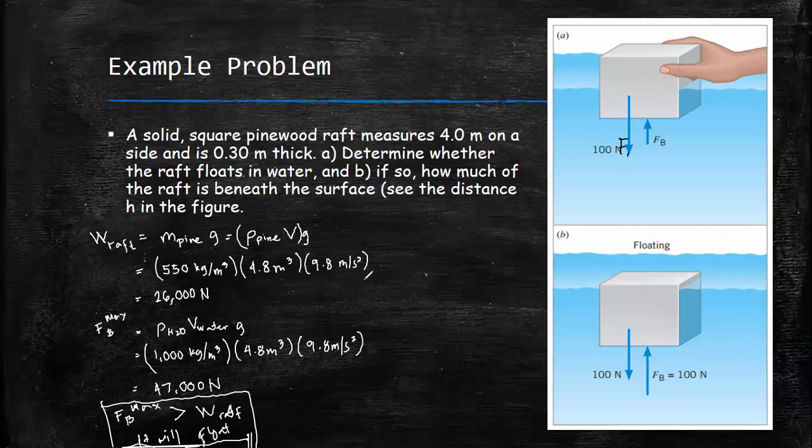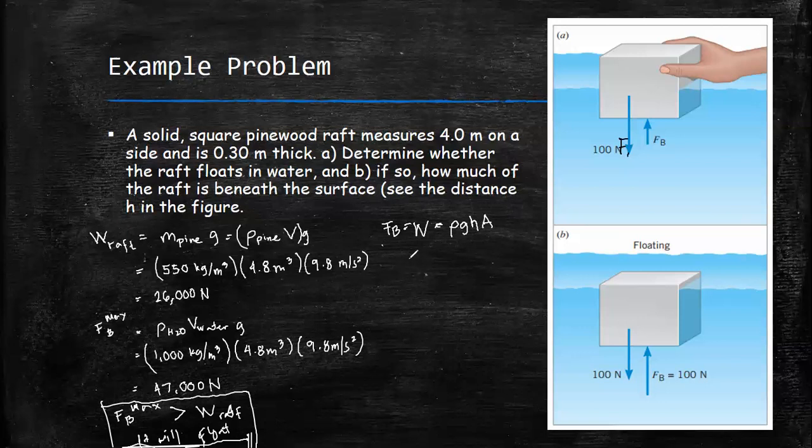Okay, so let's proceed with letter B, where we are asked to look for the height in which the raft will be beneath the surface. So using the formula, the buoyant force is equal to the weight, which is equal to the density times the gravitational acceleration and the height or the depth that is submerged underwater times the area.